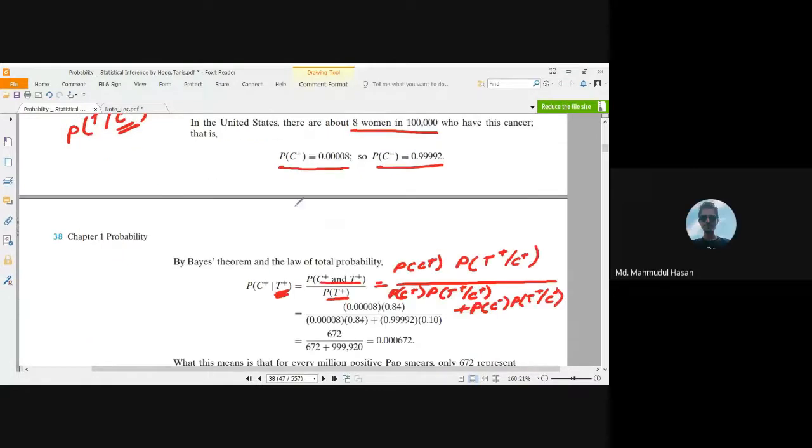But in the requirement, T plus is the base. You can assume the requirement would be the alternative of the given. Requirement will be the alternative of the given. Understood? Yes, sir. This is the method. I hope you understood?